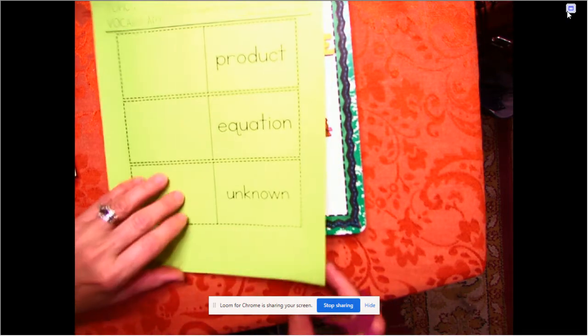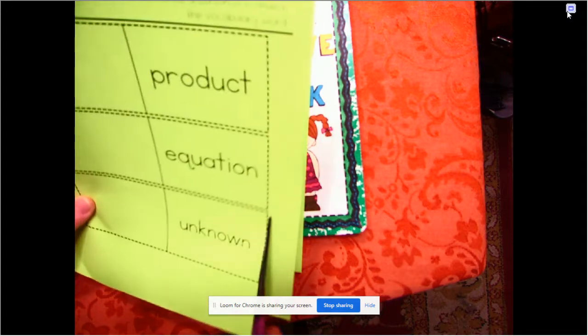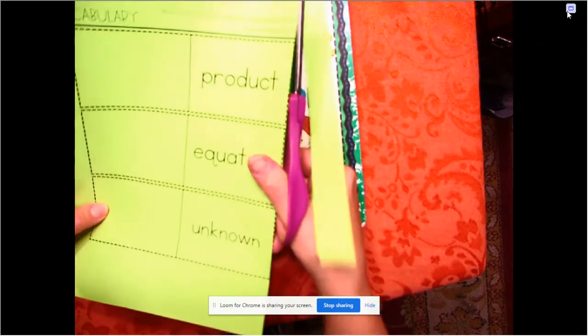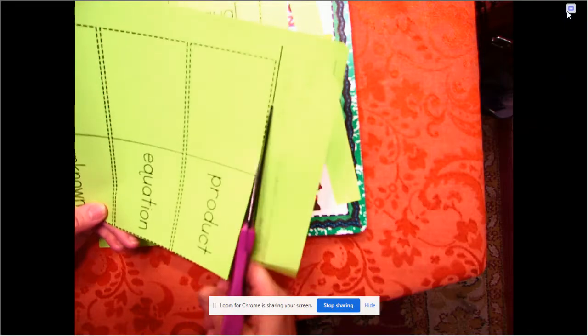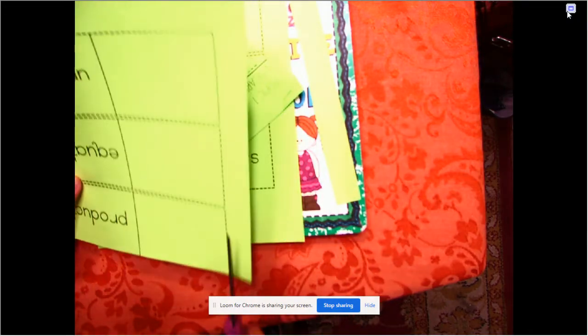Grab your scissors. I'm going to rip mine, these 2 in half so that I can cut them out easier. We're going to go ahead and try to stay right along that line there. Right along this line here. Turn it this way.